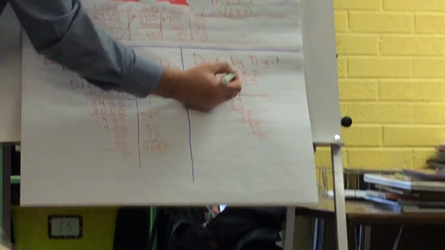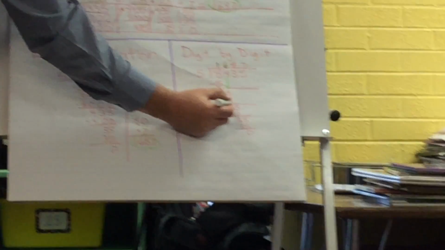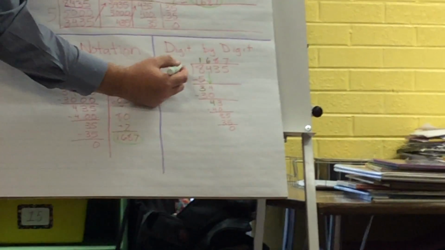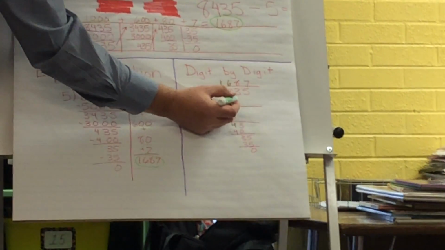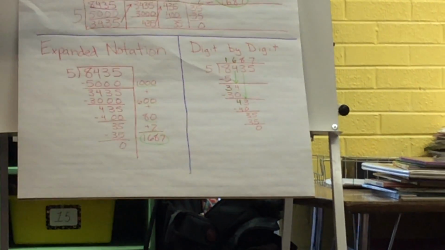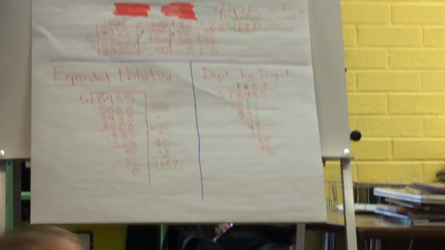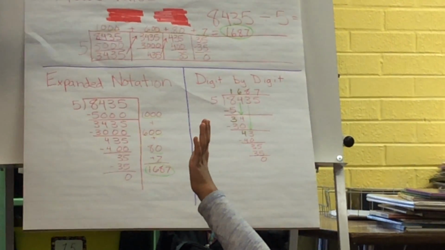So we have 6 here, and I know 6 times 5 will give me 30. When I subtract that, I had 4 left. Well, I know 5 cannot go into 4 because it's too big. So I brought this 3 down to make 43. Can 5 create a number that's less than or equal to 43? Okay, Sophia?